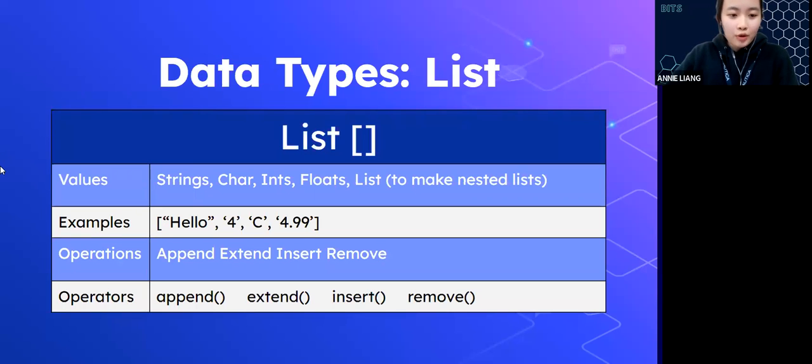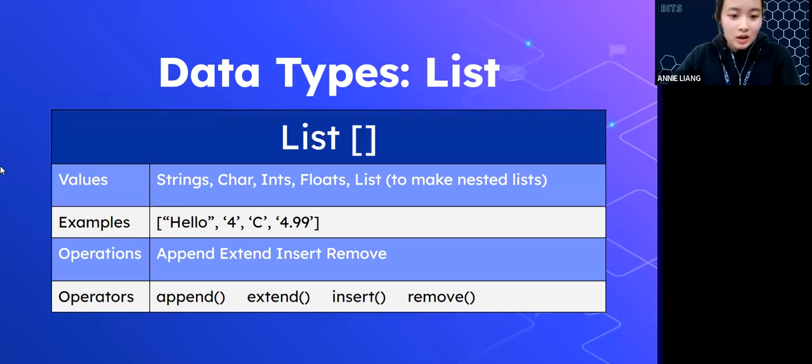For Python, a list can take basically any type of value. It takes strings, chars, ints, floats, everything we've viewed before, the basic data types. It can also take lists, so you could do some inception moves and make nested lists, which is something I'm going to be talking about.